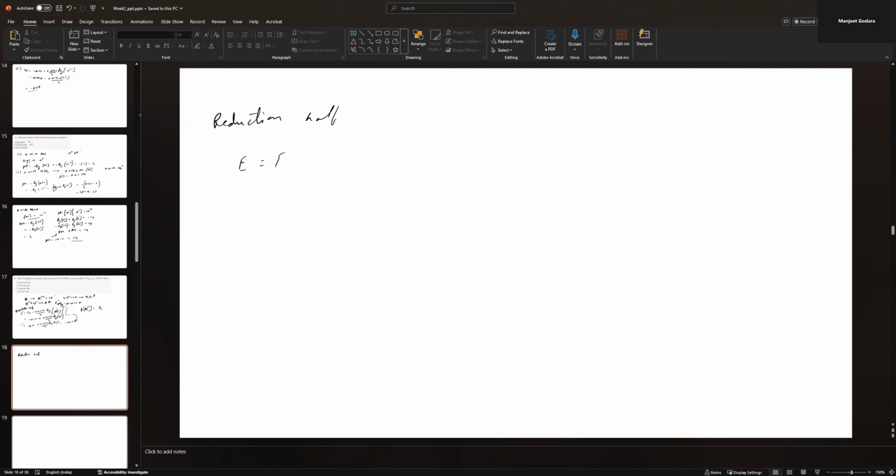E is equal to E naught, which is 0, minus 0.0591 divided by 2 log of, I write the 2H plus 2 electrons gives H2.